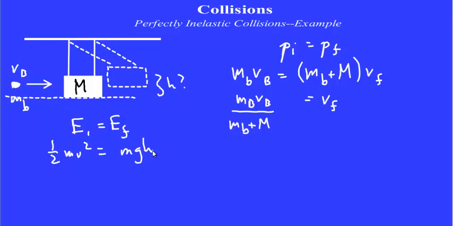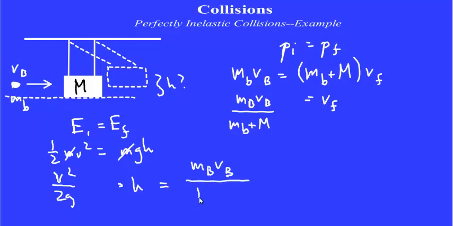Now in this case, the M is the combined mass, so notice that the mass cancels out. You'll see here that the height is simply v squared over 2g, where that v will be the final velocity of the block.